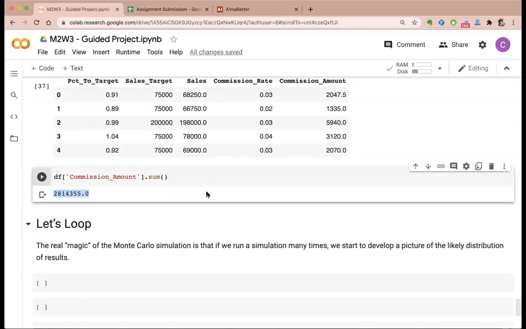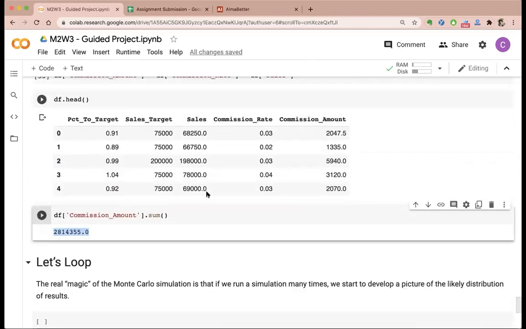In each iteration you might want to store a few things.